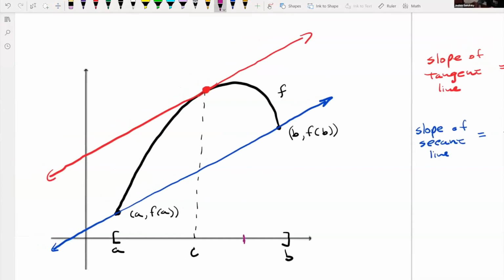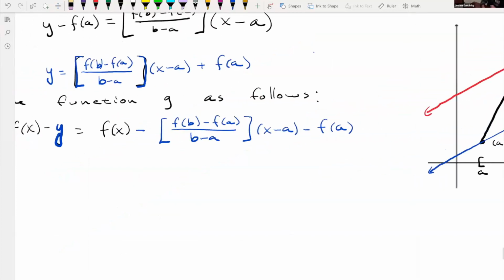For example, here, you would take the y value here and subtract it from the y value there. So that's how you would get a new y value. You would take f minus y, and that's how you're getting g. Okay, it's not drawn on here. That's the idea.